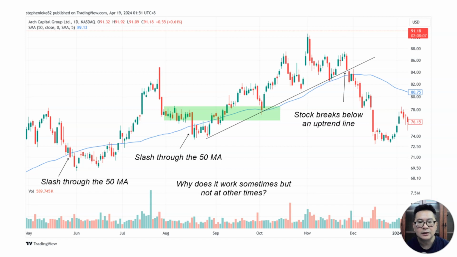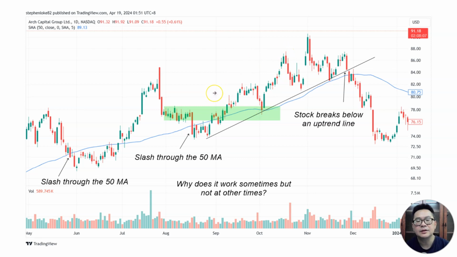For example, here the stock went up, corrected, and was able to find support at the 50 MA. But not only that, if you look left, there are support areas here, so the path of least resistance would be upward instead of downward, and that is why it goes up.